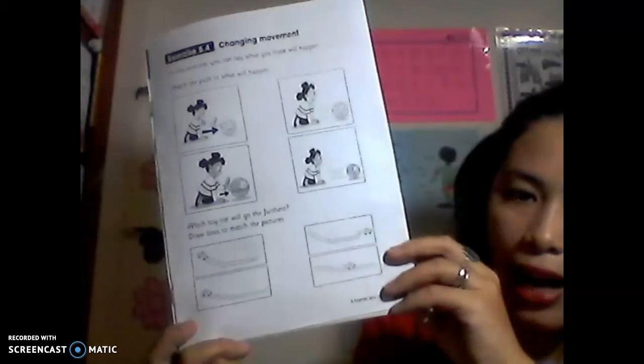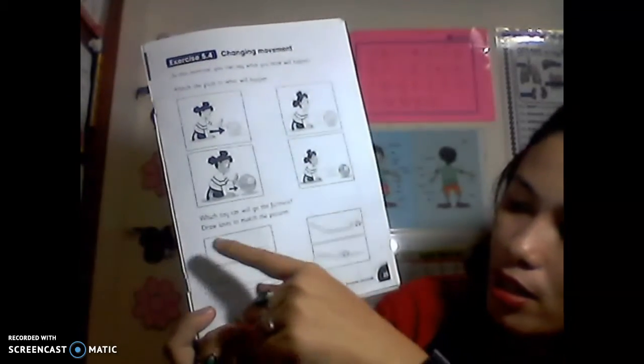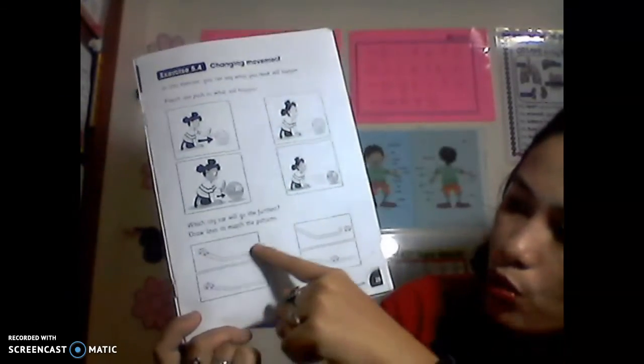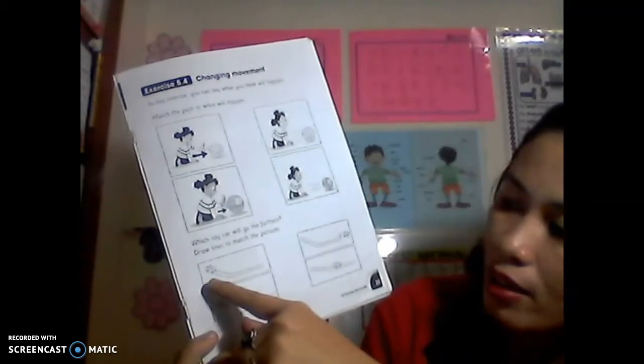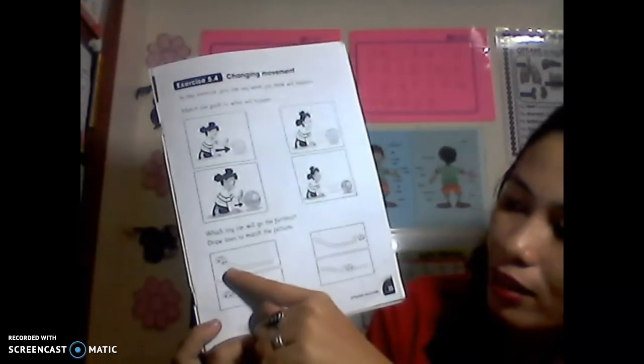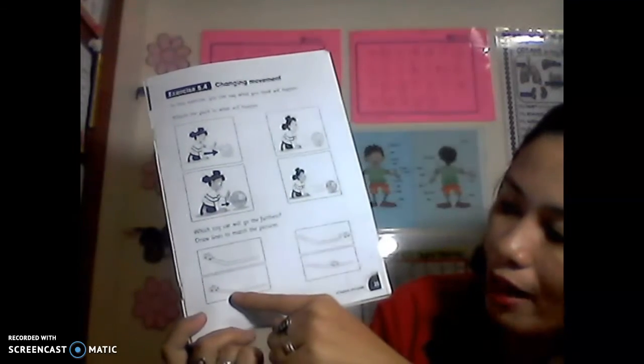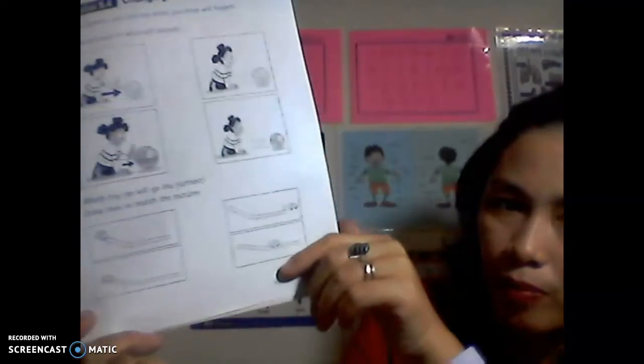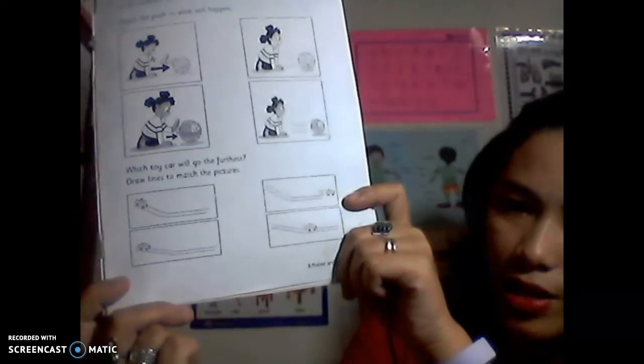Okay. How about this? How about this? Which one will go fast? This one, which has a slanted line, and here is not so slanted. So you can see which one will go fast.